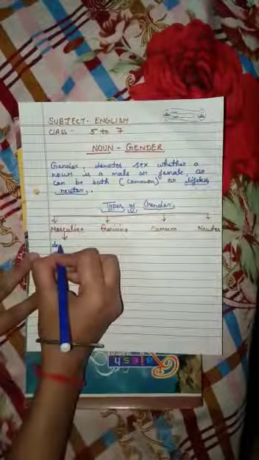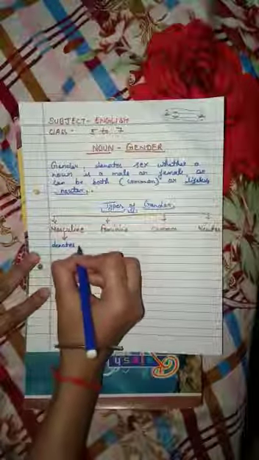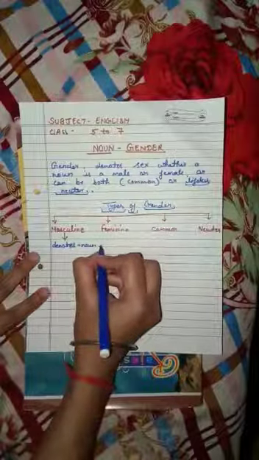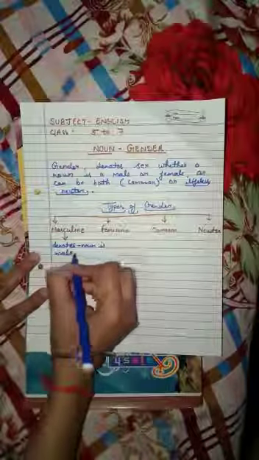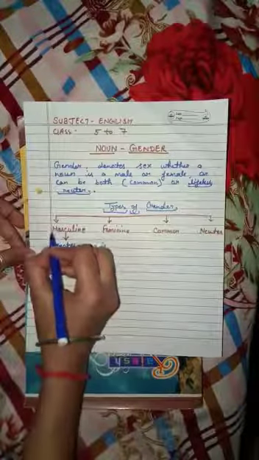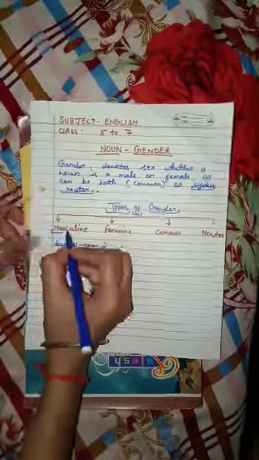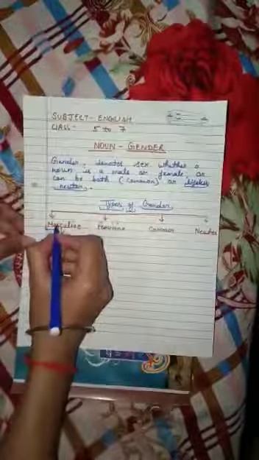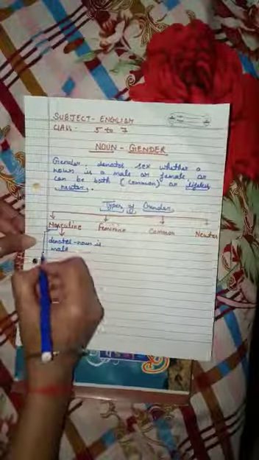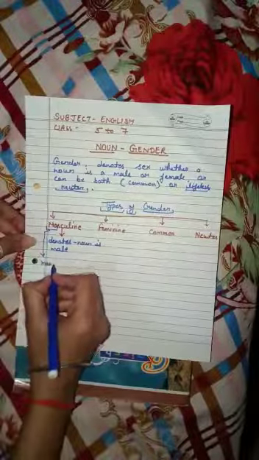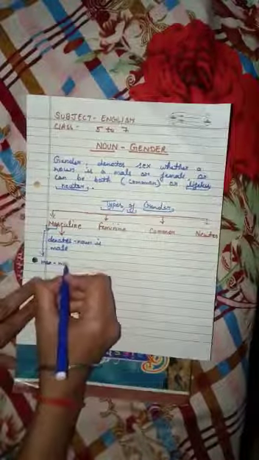Now, what is a masculine gender? Masculine gender denotes that the noun is related to male. We can understand that in masculine, the word starts with m, denoting man or male.